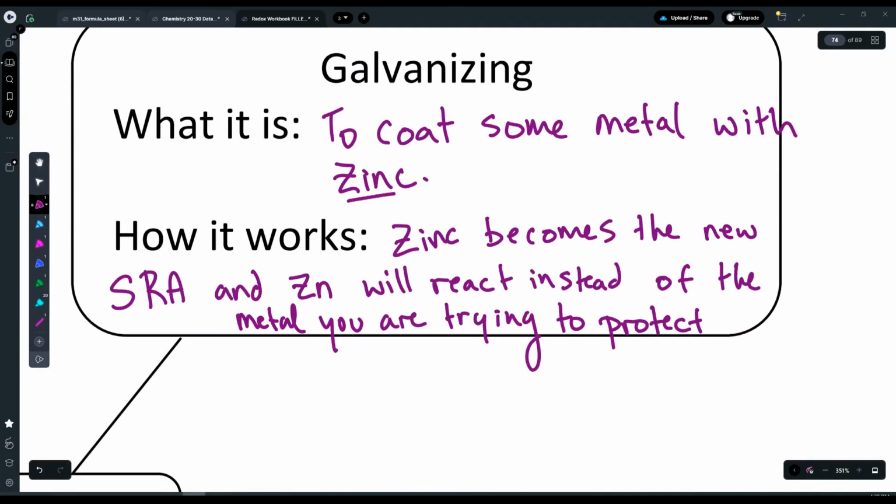Okay, and another reason why zinc is important to use is because zinc, not only is it a stronger reducing agent, but zinc is also more corrosion resistant, or it's more resistant to rusting, which is why it's a good choice.